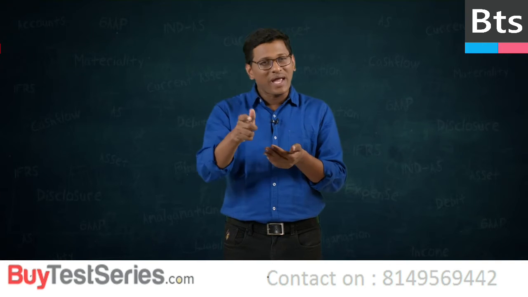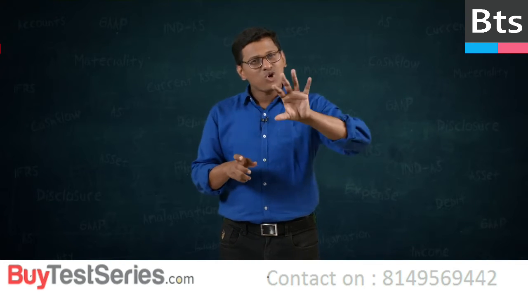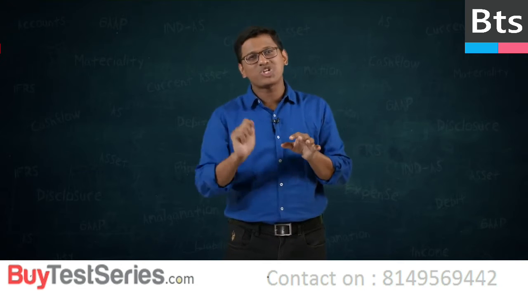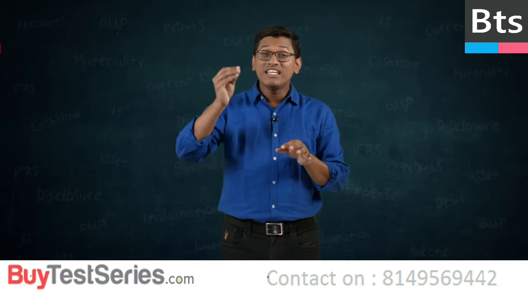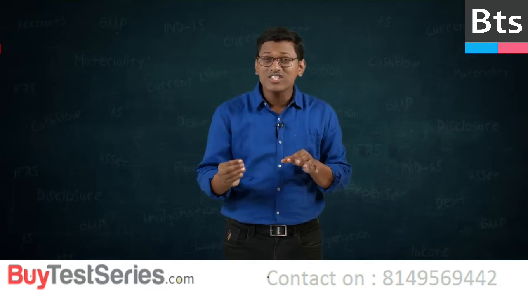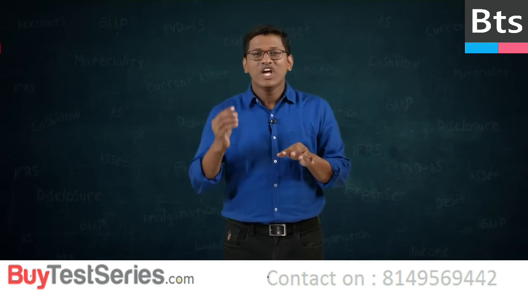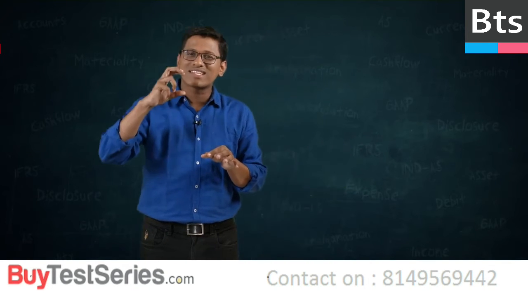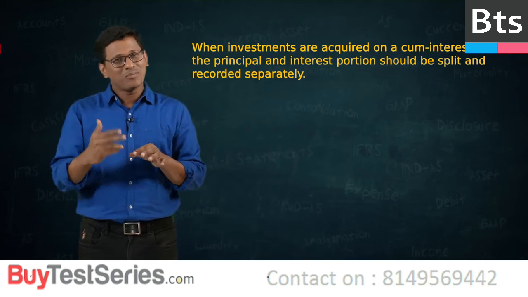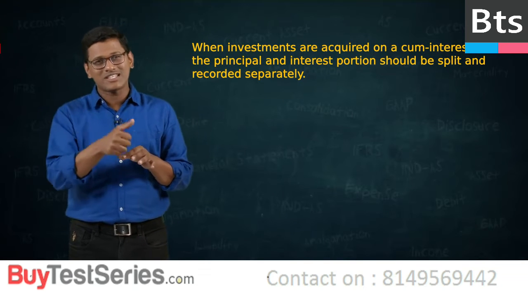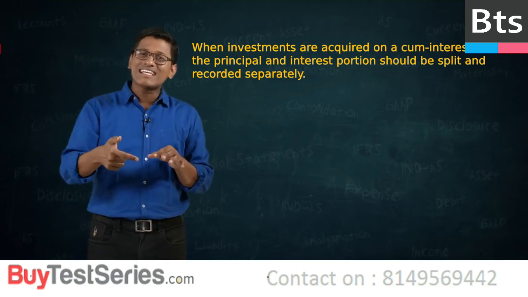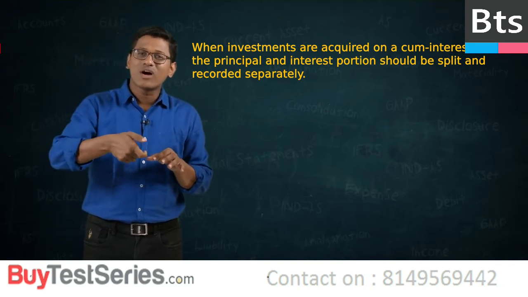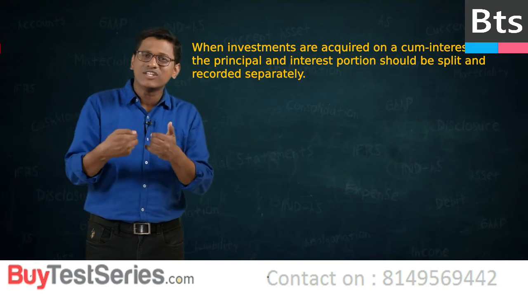So friends, here when we pay money, some portion towards principal and some portion towards interest, in the initial recognition stage, the accounting standard says you will have to split these two and record them separately, because you have one asset called debenture, investment into debenture, and a second asset called interest, whatever you are entitled to receive now.